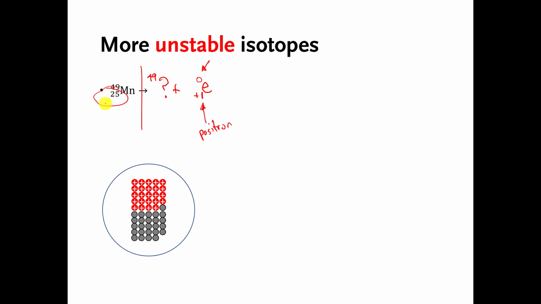Manganese has 25 protons, which means it has 25 positive charges. That's the only thing we have on the left side, so everything on the right side has to add up to 25 positive charges. Well, the positron took one of the positive charges, so our question mark has to have 24 positive charges. If you look up who in the periodic table has 24 positive charges, you're going to see it's a kind of atom called chromium. And the chromium symbol is capital C with a lowercase r.